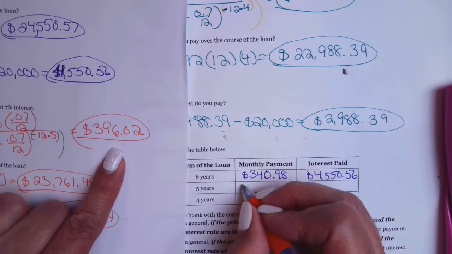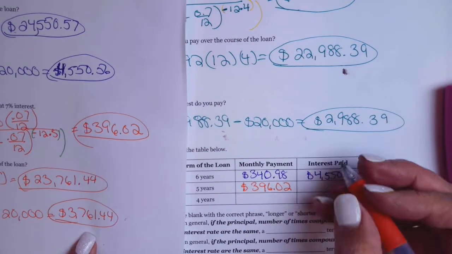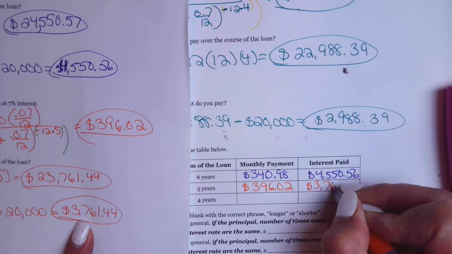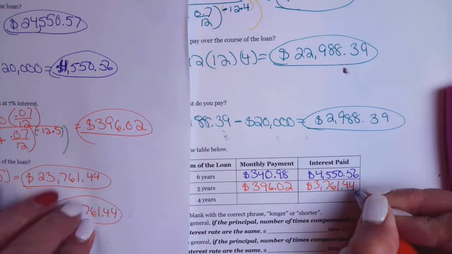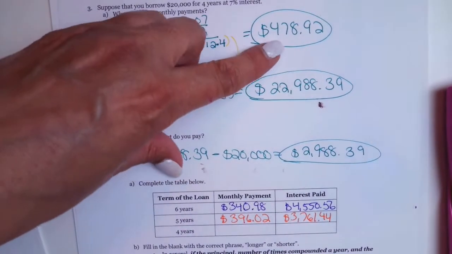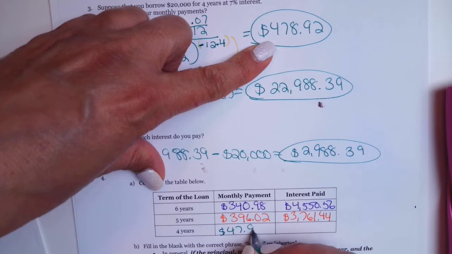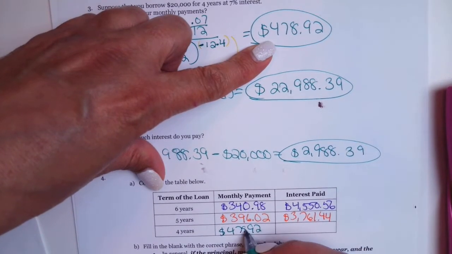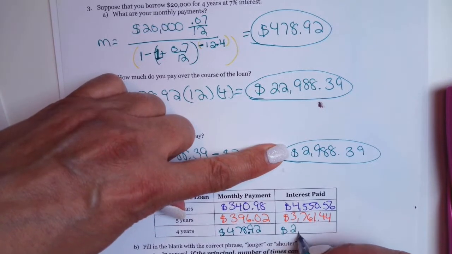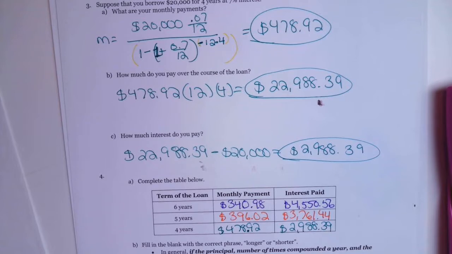Monthly payment is $396.02. Interest paid is $3,761.44. And then we have this last one here, $478.92 and $2,988.39.